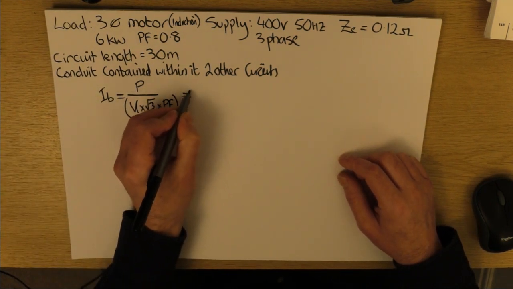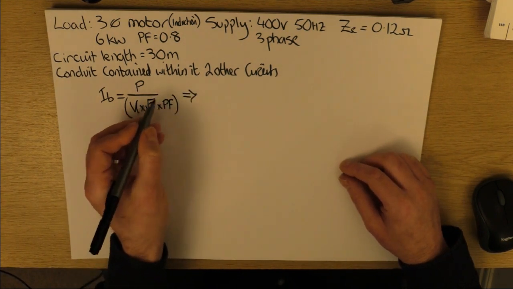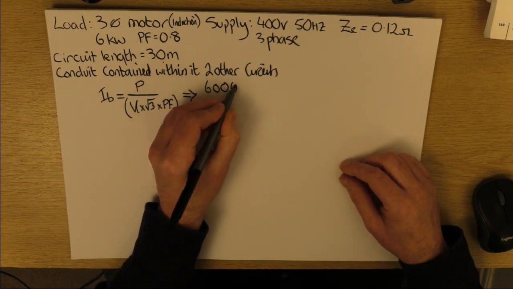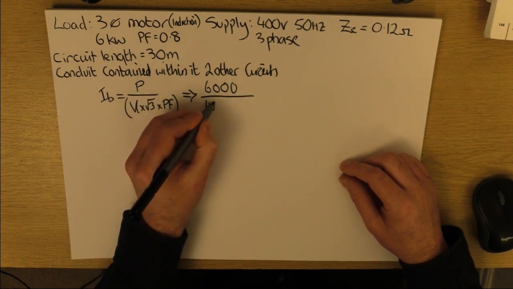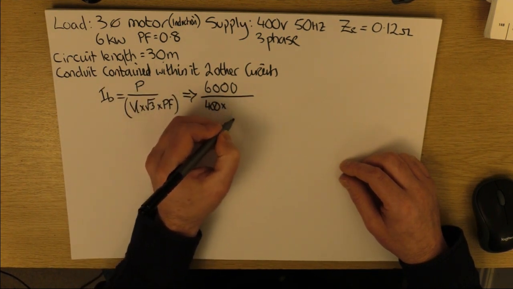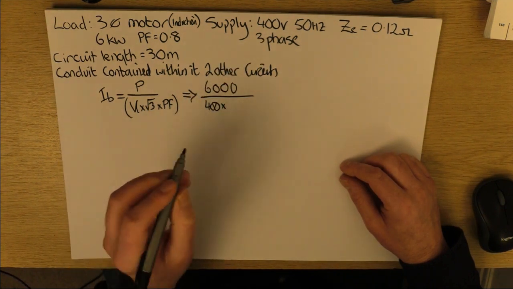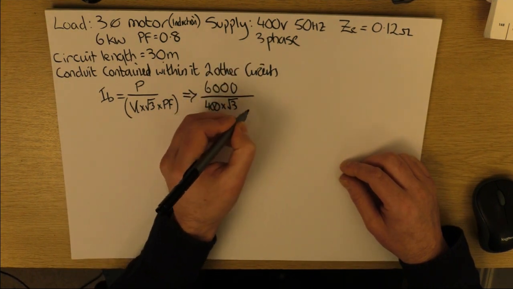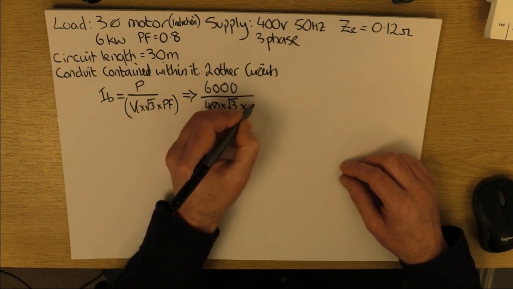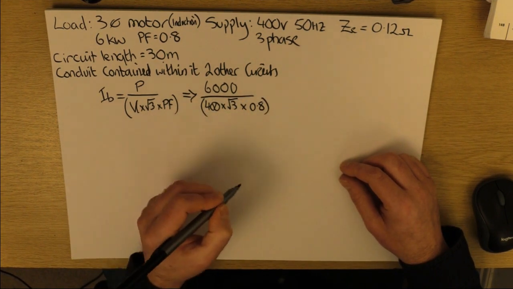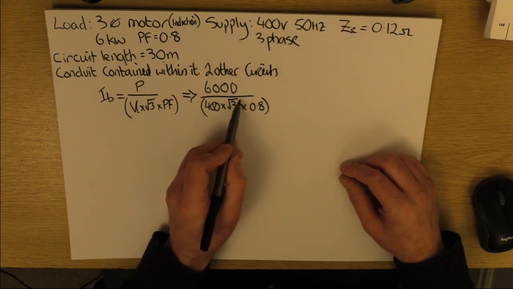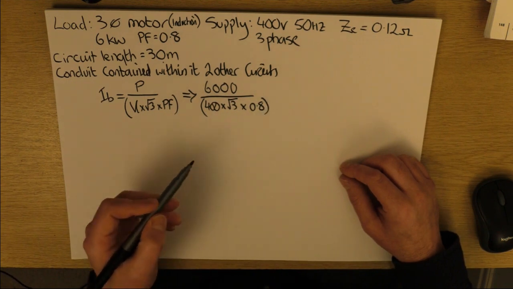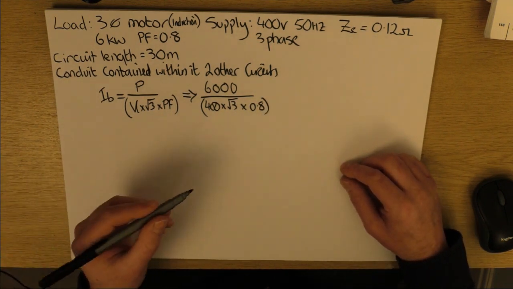And turning that into what we've got: 6,000 watts divided by our U of 400, that's line voltage, times √3 times our power factor of 0.8. That √3 is like a standalone thing. Be careful that that doesn't extend over the power factor when you're putting it into a calculator.